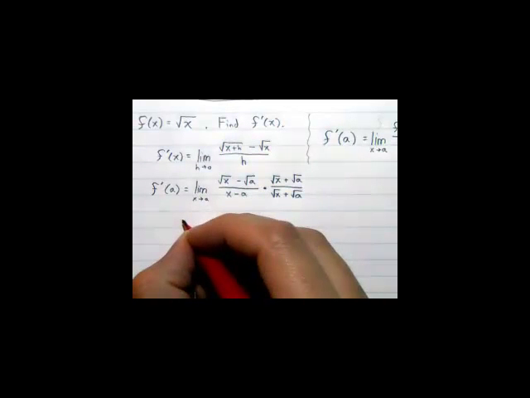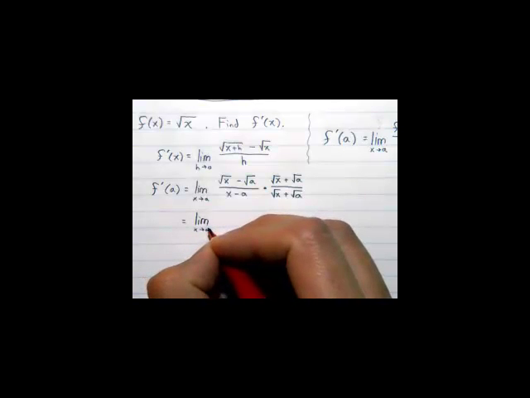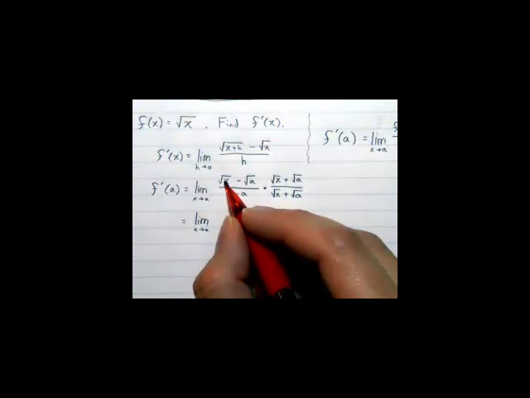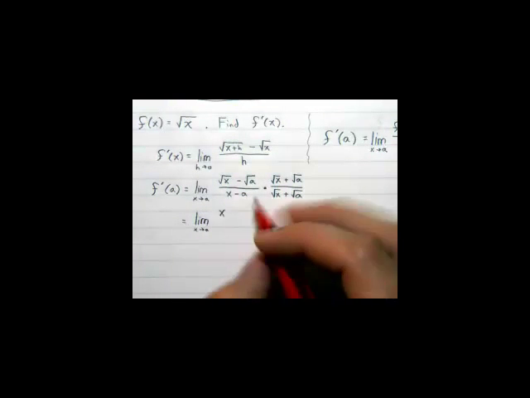So take a look at what happens next here. We have the limit as x goes to a. On the top, square root of x times the square root of x would be just x.